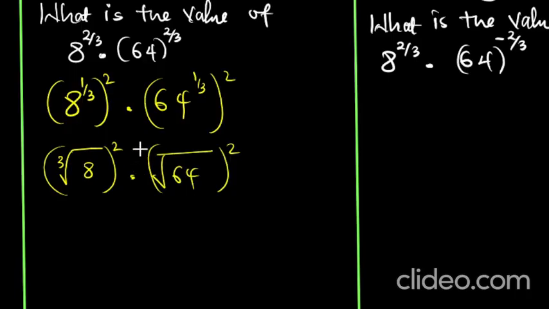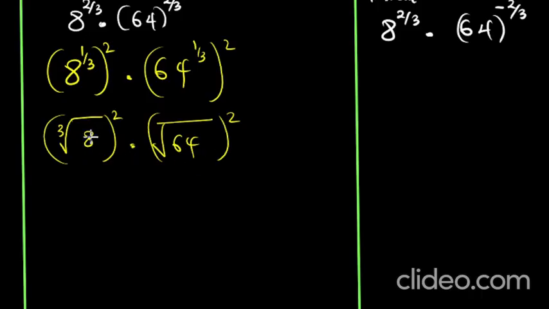So the cube root of 8 is 2, squared. Then the cube root of 64 is 4, 4 squared. Okay, so this is 4 times 16. So 4 times 16 is 64. So the final answer here is 64.